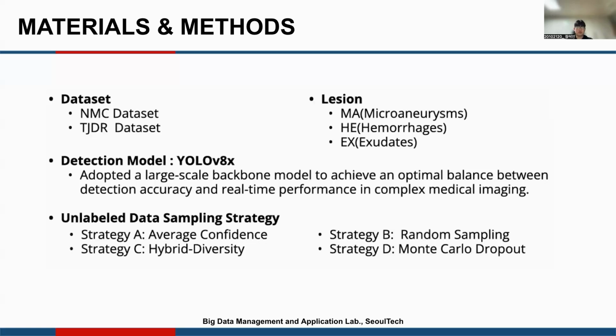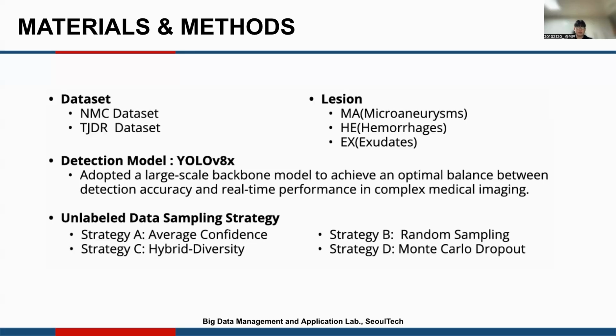And third one is hybrid sampling. This method combines both approaches. 70% of the images are chosen based on average confidence, and the remaining 30% are randomly sampled. The last one is Monte Carlo dropout. Each image is inferred 10 times, and we select those with high variance in predicted confidence, as this indicates model uncertainty.